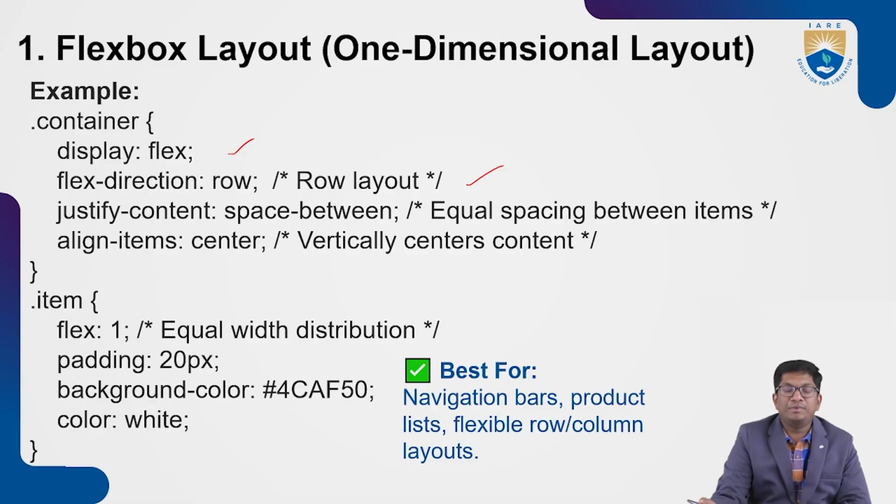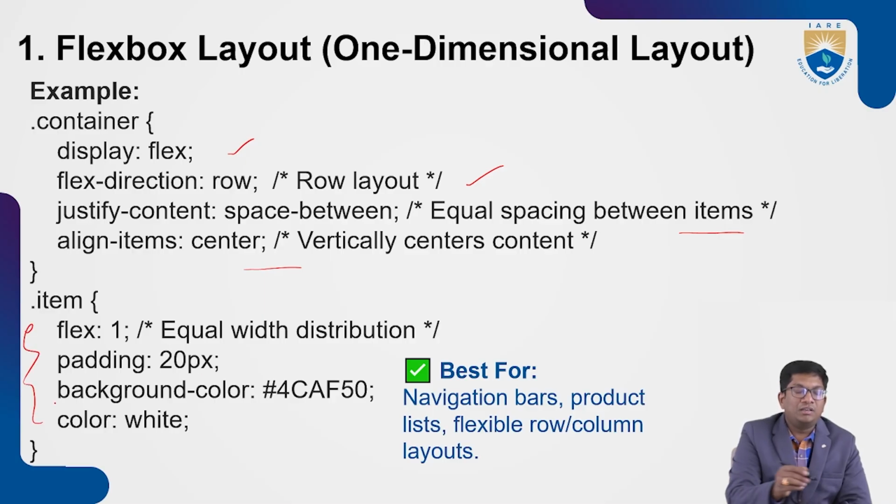Justify-content: space-between gives equal spacing between items, so each item gets equal space. Next, align-items: center vertically centers the content. Then for each item, we can give flex: 1 for equal distribution, padding of 20 pixels, a background color, and white text color. Like this, we can assign the properties and design the web page using Flexbox.